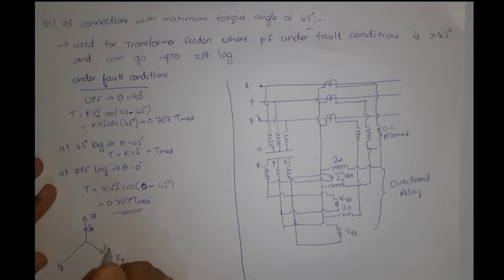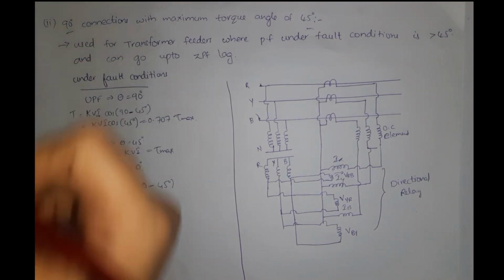Y, IY, B, IB, so then I must get 90 degrees connection, right? 90 degrees I must get.